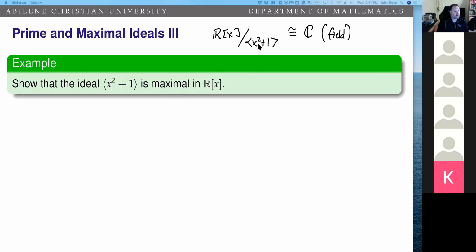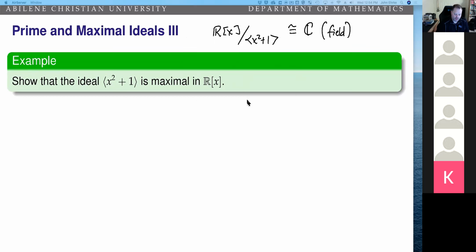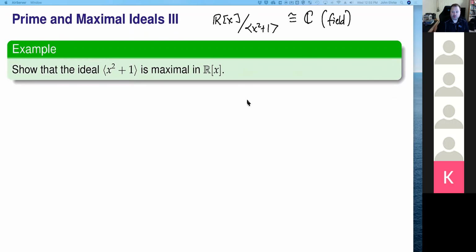But we're not there yet. I haven't shown you the theorem that talks about that, the R mod I or R mod A theorem, where A is maximal. But I still want to show that this ideal is maximal. So this is an example of how to prove that a given ideal is maximal.